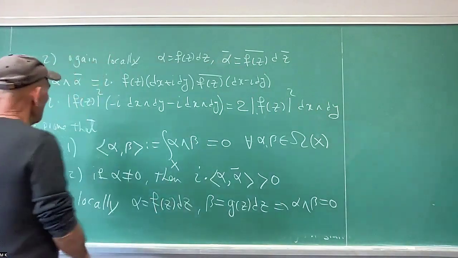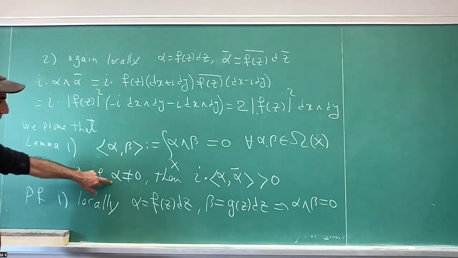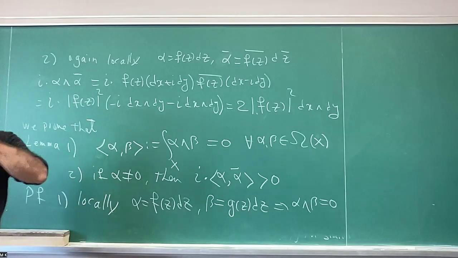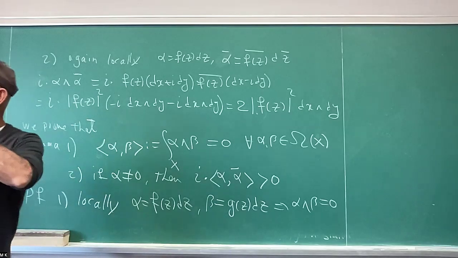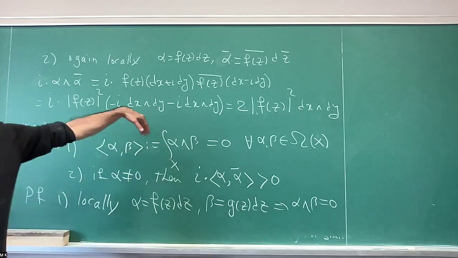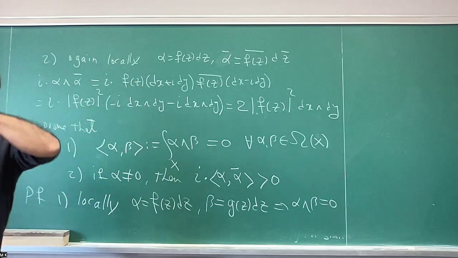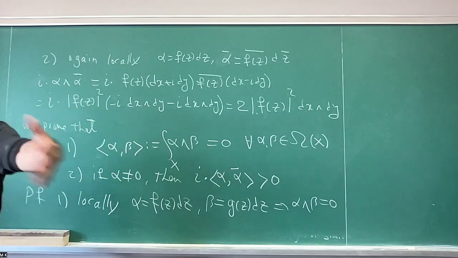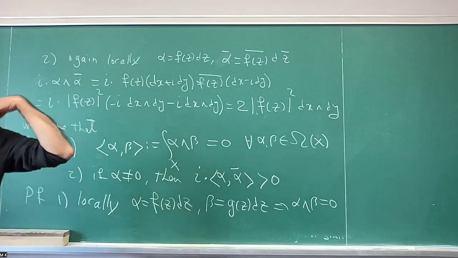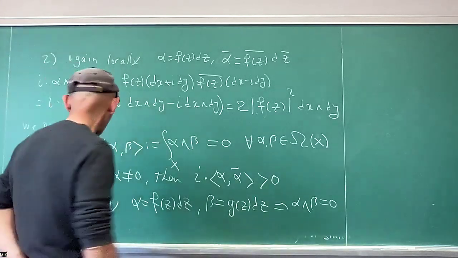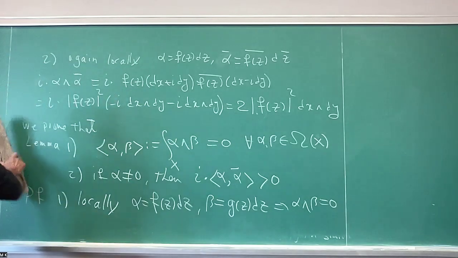Now, if this alpha is non-zero at one point, then it is non-zero in the neighborhood of a point, and this integral becomes non-zero at that point, and at other places, it's non-negative anyhow. So this is going to be strictly positive. So that was the argument, right?